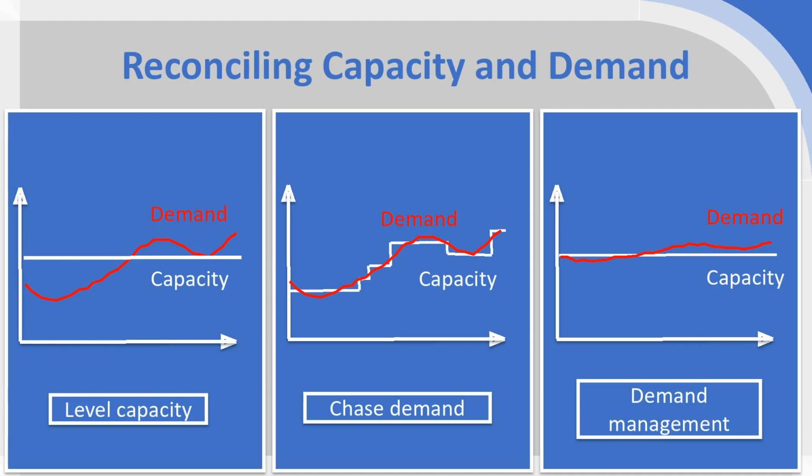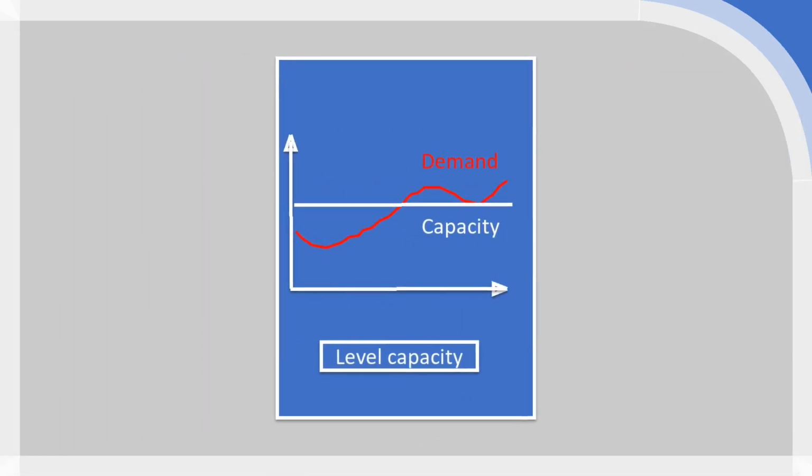So if we start with the first, which is level capacity. With this approach to capacity management, what we're doing is, irrespective of the cycle of demand, so the variation in demand, we're going to maintain level capacity. And this may be for a couple of different reasons. It may be that capacity is very difficult to shift.